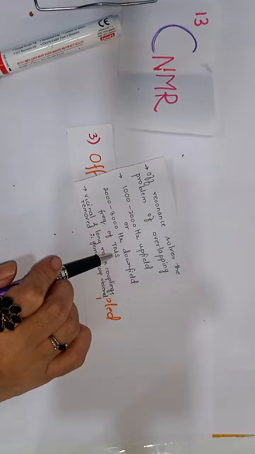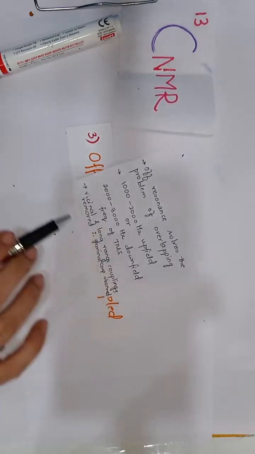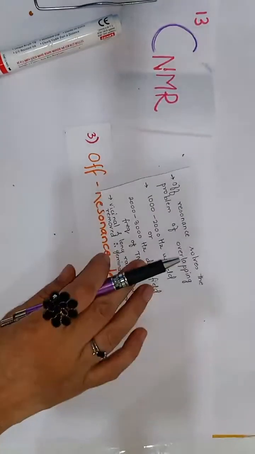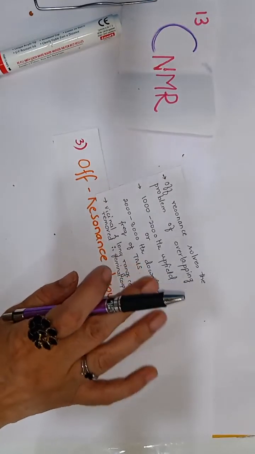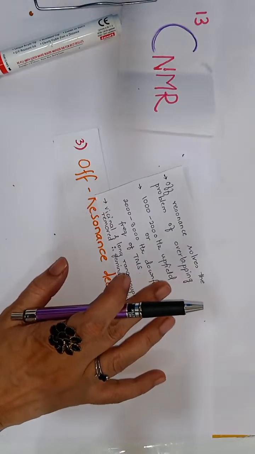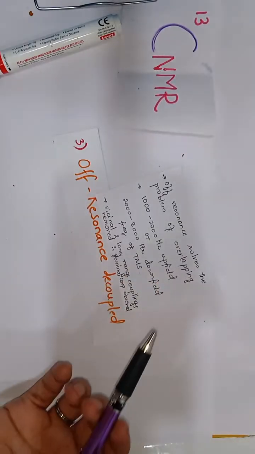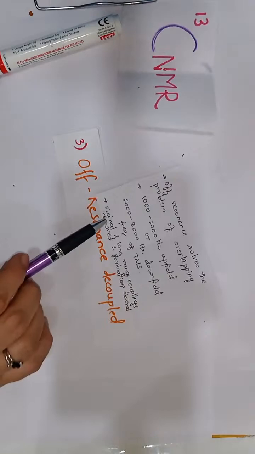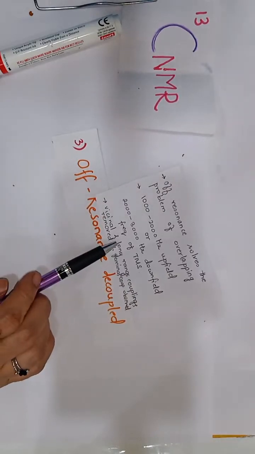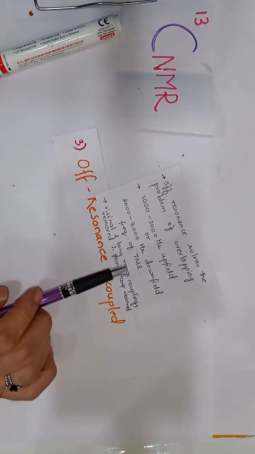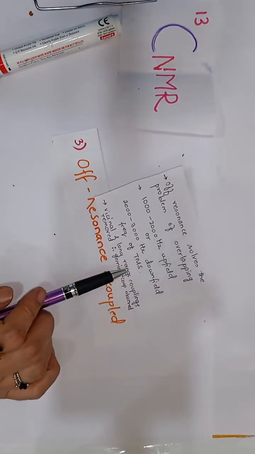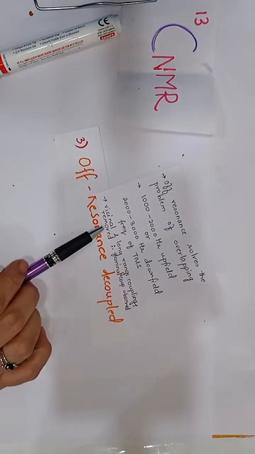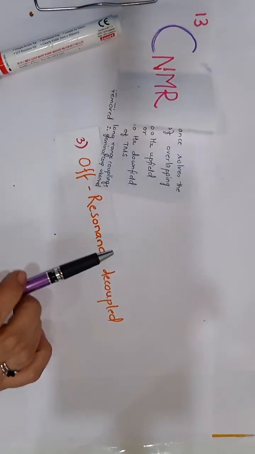Now the power of decoupling oscillator is held very low to avoid complete decoupling. Now due to this reason, what happens? Vicinal and long range couplings are removed and residual couplings due to geminal carbons are observed.